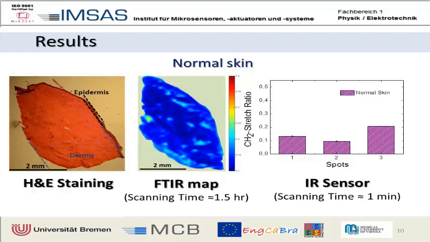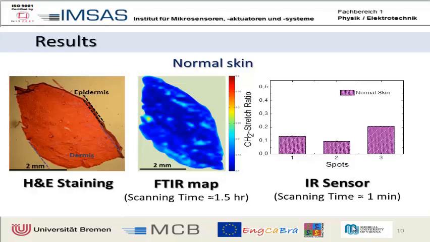As you can see, the ratio here ranges between 0.1 and 0.2 on a scale between 0.1 and 0.4. The same kind of values have been obtained by applying our infrared sensor.